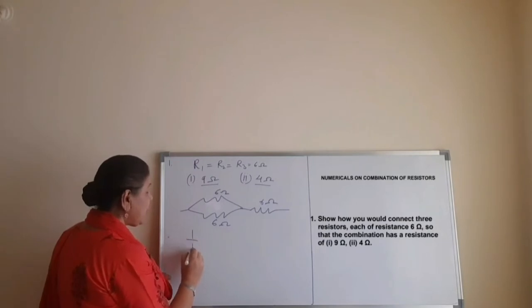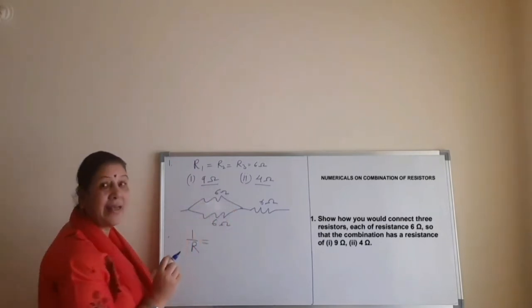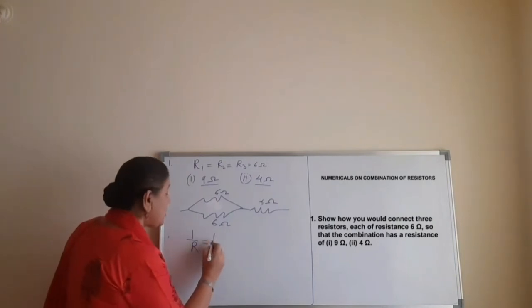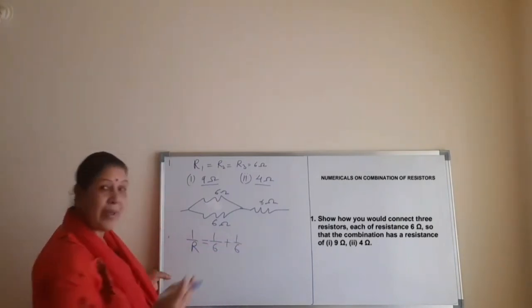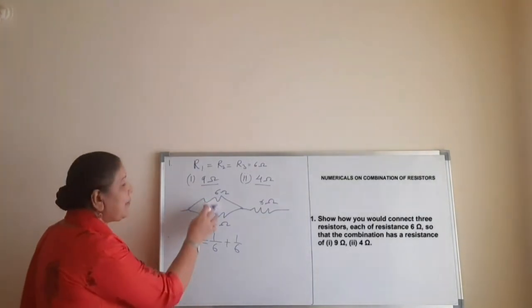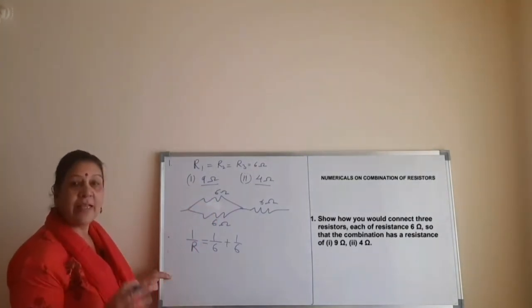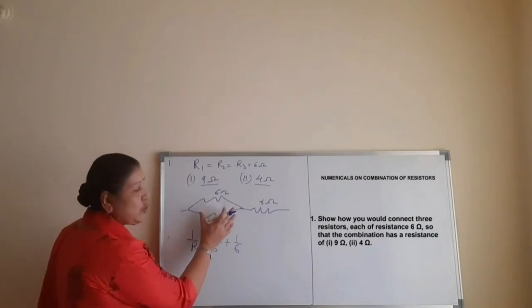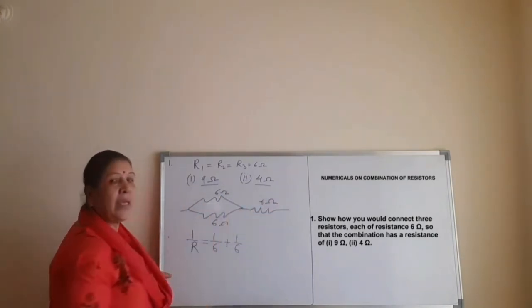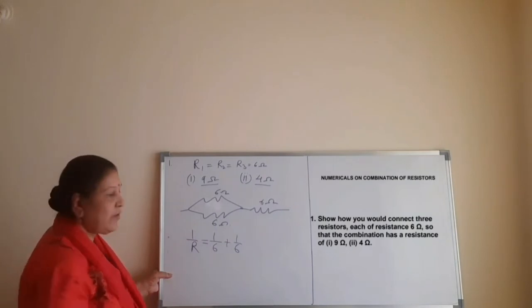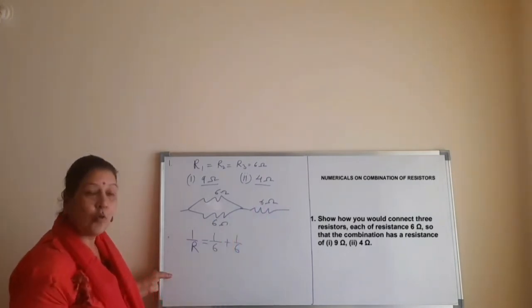For the first case, the two 6 ohm resistors are in parallel connection, so the resultant will be 1 upon 6 plus 1 upon 6. Because these two are in parallel, we'll find the resultant for these two first, and whatever the result is, that will be in series connection with the third 6 ohm.